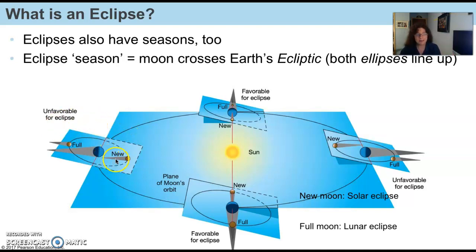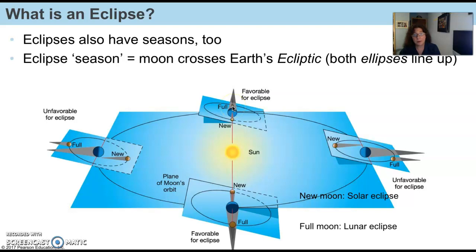For instance, here the plane does not meet up with the Earth's plane. Here the plane does not meet up with the Earth's plane. Here we have a plane of the sunlight and a plane of the moon and a plane of the Earth meeting on the new moon and on the full moon.